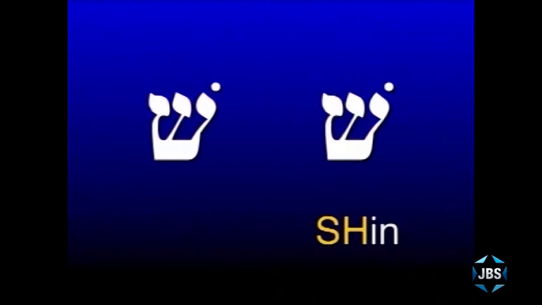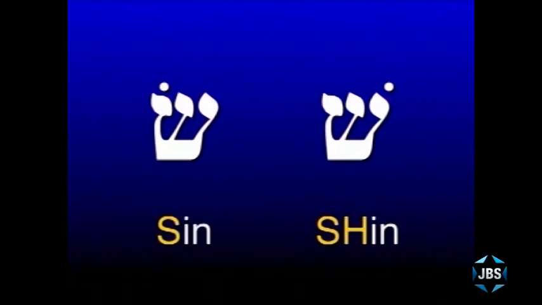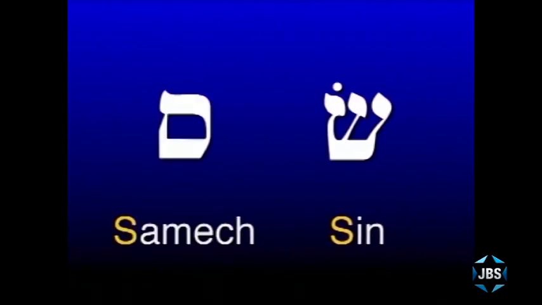But if you take the dot and put it on the left side, or the left sail, it becomes the Sin and makes an S sound, just like the letter Samech. The Sin and the Samech make the exact same sound. And if you were to ask, why are there Hebrew letters which make the same sound?